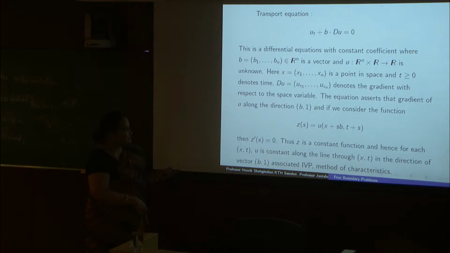So the first order PDE, the one you already encountered, has this very simple geometric interpretation, and once you think of it that way, you immediately get your solution. z dash s is equal to 0, so z is going to be constant along all these integral lines corresponding to the given vector field.